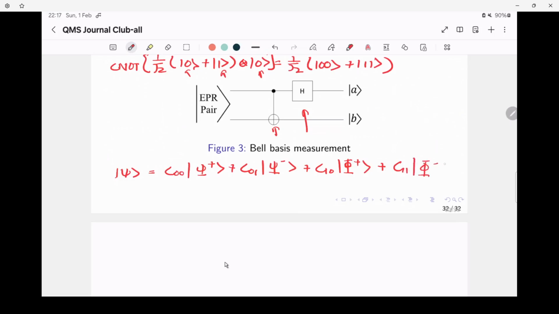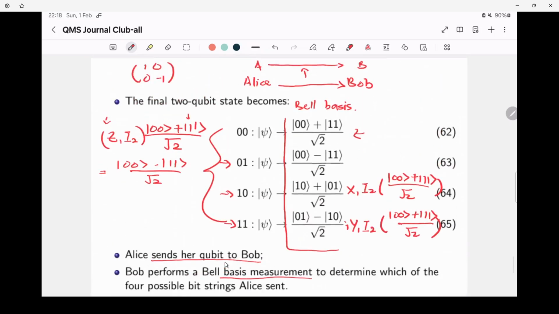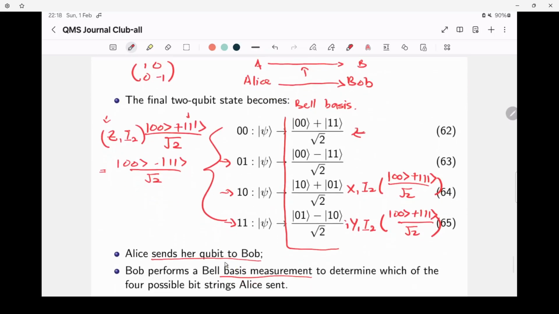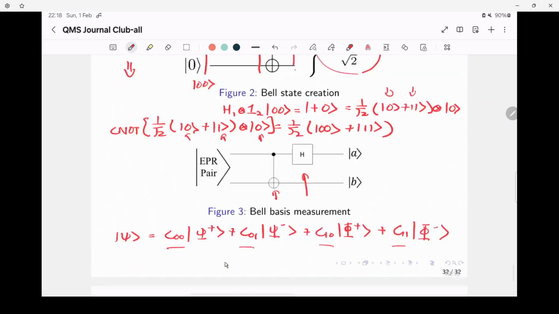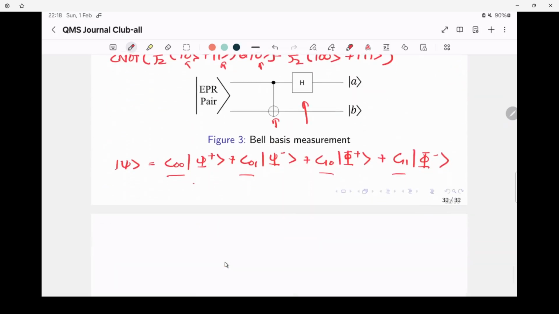The idea is that you write your two-qubit states in the Bell basis with some coefficients over here. And as you can see, each of these Bell bases, when you apply your CNOT and then Hadamard, it actually goes in reverse. So then it becomes back to your computational basis, with your C11, C10, and so on having a certain probability.